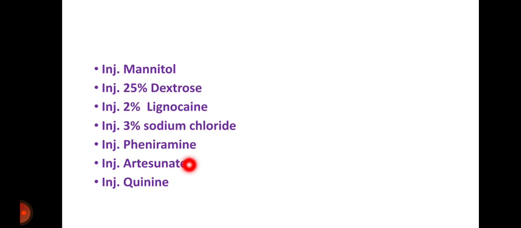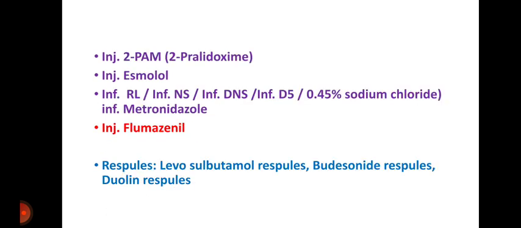Injection artesunate is used in malaria patients, and injection quinine can also be used in malaria patients who are having several other complications, and quinine is also beneficial for anemic patients as well. Then injection pralidoxime is used in organophosphate poisoning.